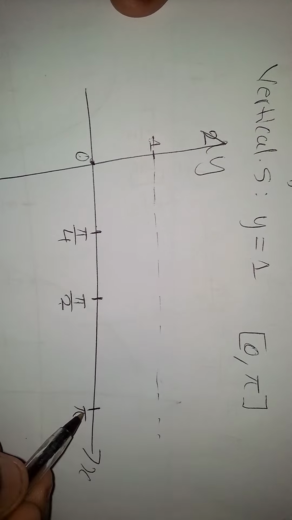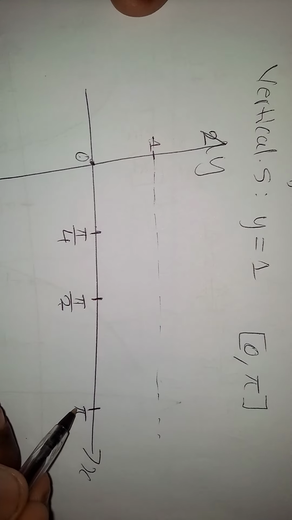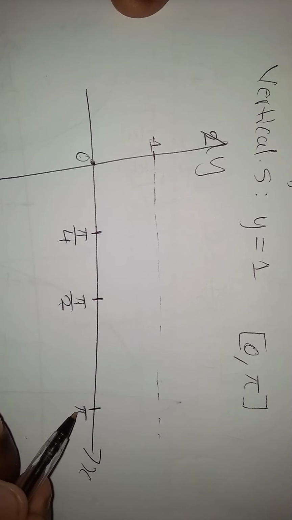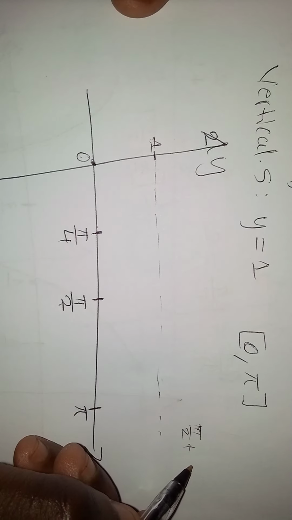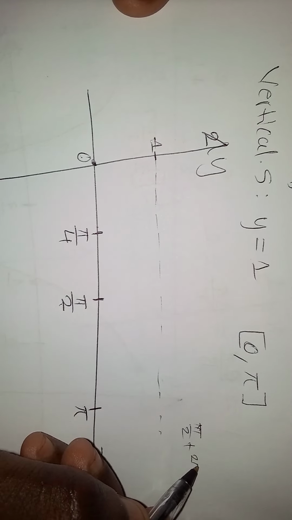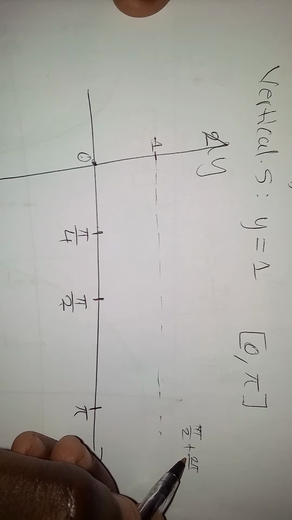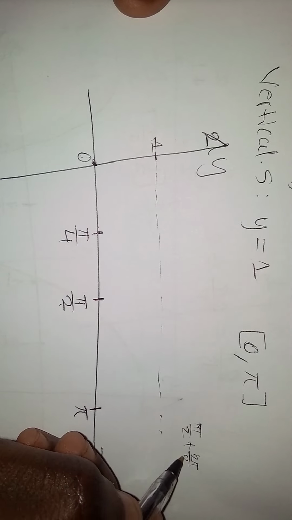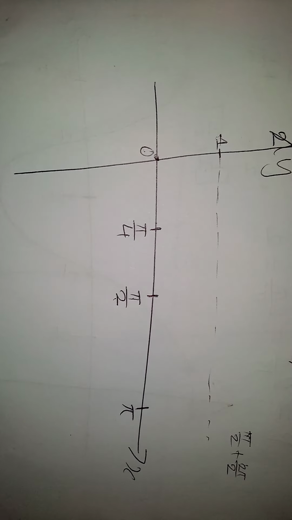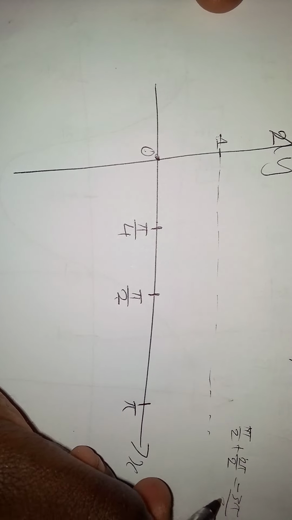Then here we have pi plus pi over 2, and pi is just the same as 2 pi over 2, so this gives us 3 pi over 2.